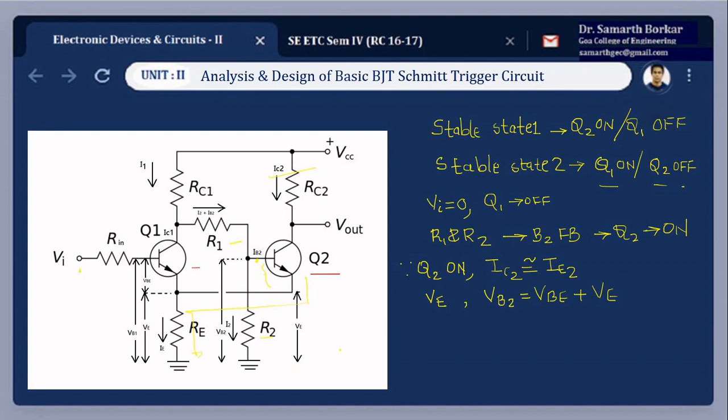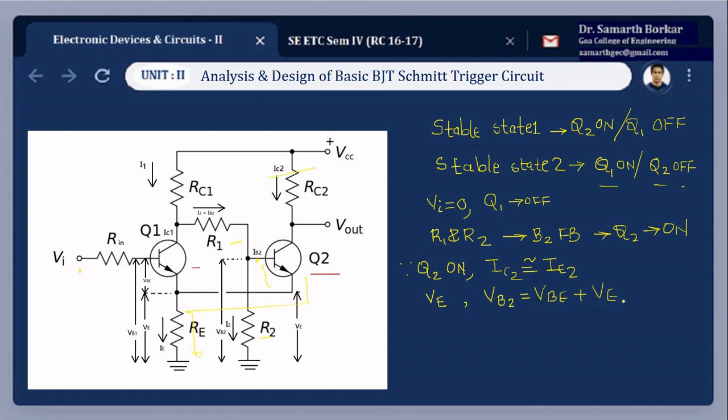Now this VE reverse biases the transistor Q1. It is an NPN transistor, its emitter is connected to zero potential and we have some voltage at this particular point. So this VE, that is the voltage drop across this resistor, reverse biases the transistor Q1 and maintains it at cutoff.